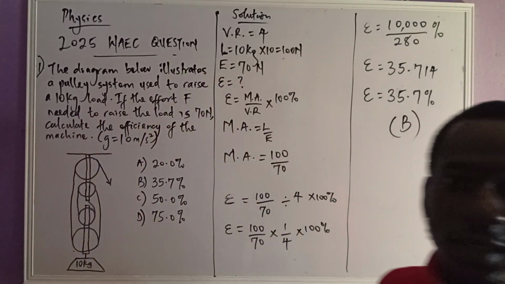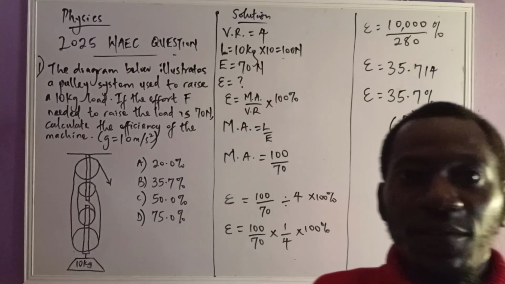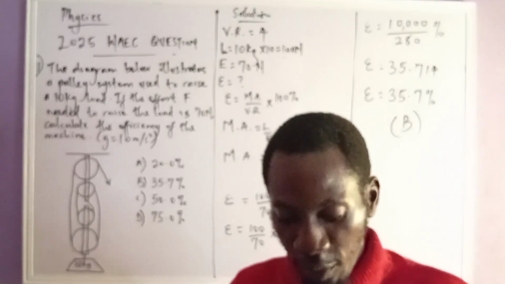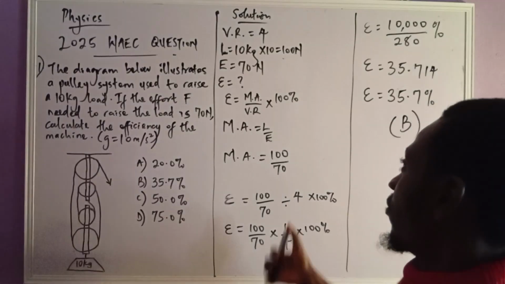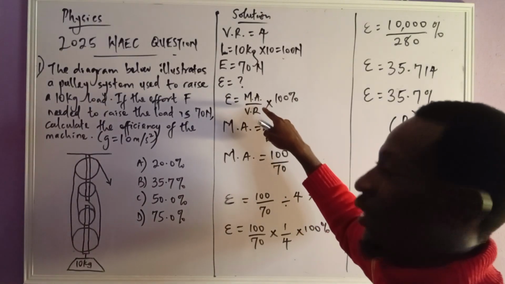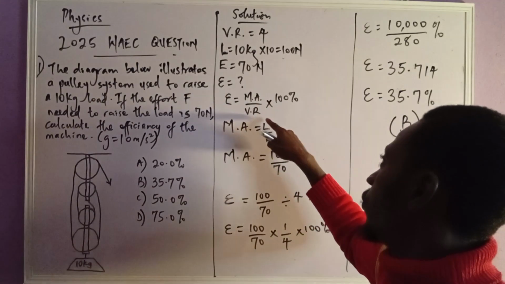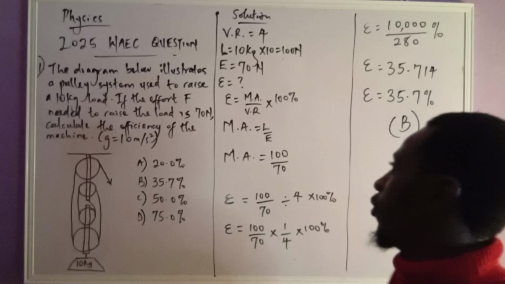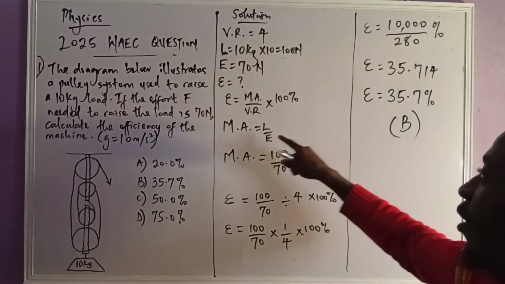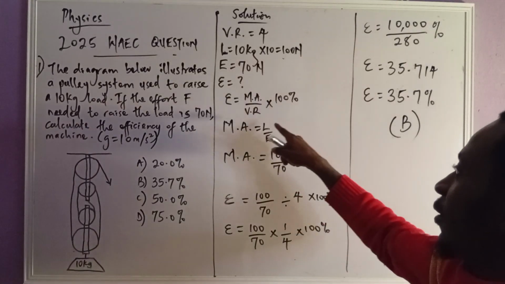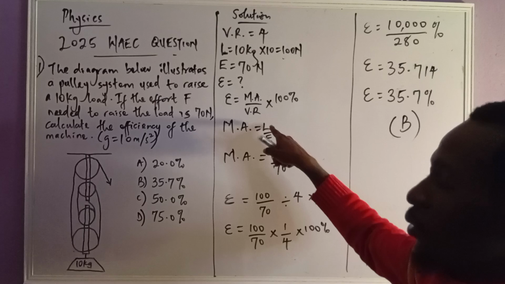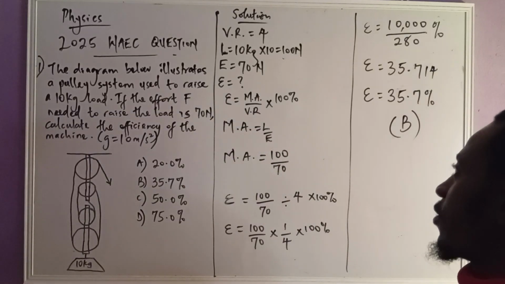So to calculate the efficiency of a machine, the formula is mechanical advantage divided by velocity ratio multiplied by 100%. And to get our mechanical advantage, the formula is load divided by effort.